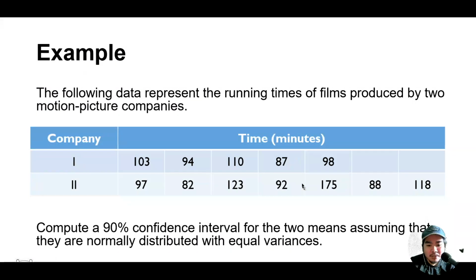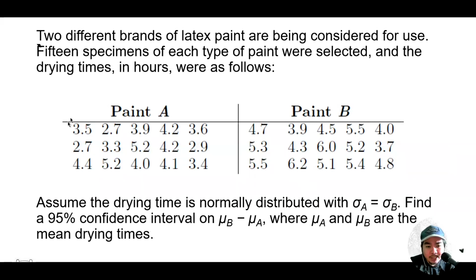Sorry, let me repeat what I said. Here again, two different brands of latex are to be used. Then we have a data set like this, 15 specimens each. Here, it specifically asks for mu B minus mu A. So, since it asks for mu B minus mu A, we compute the mean of this minus the mean of this. So when we establish the upper and lower limits, we need to consider that mu B minus mu A is what it asks.